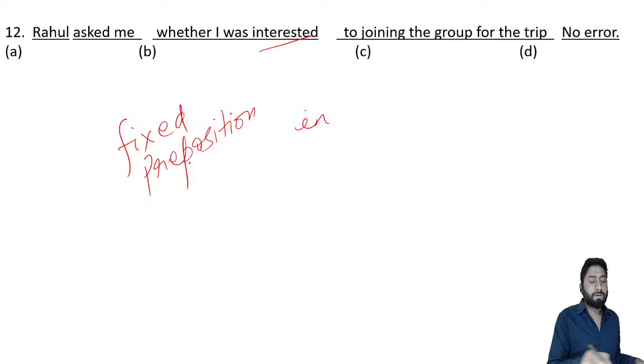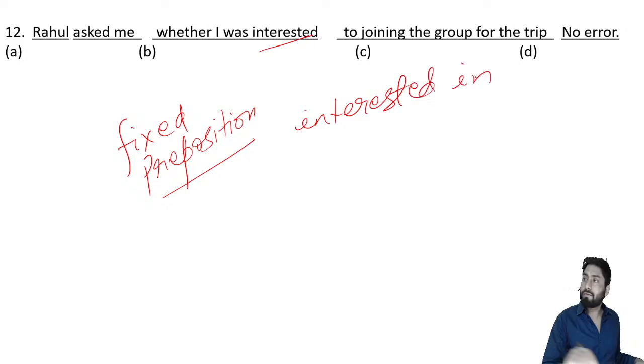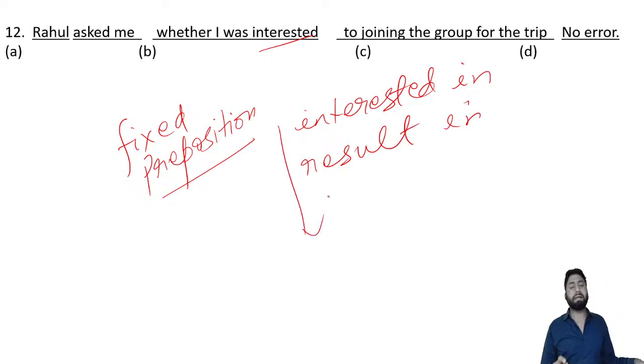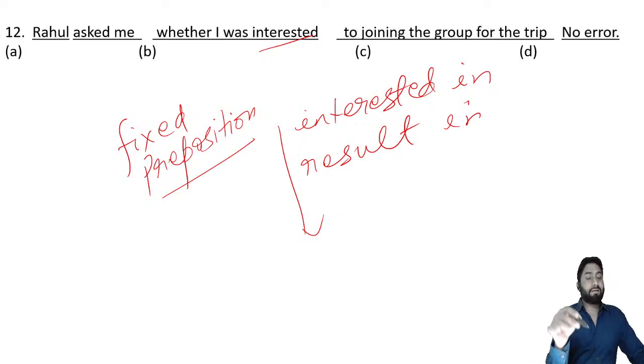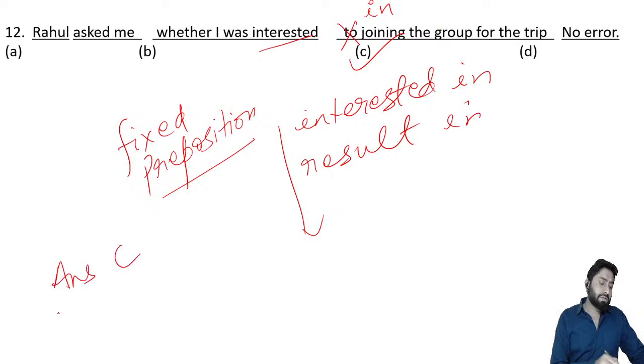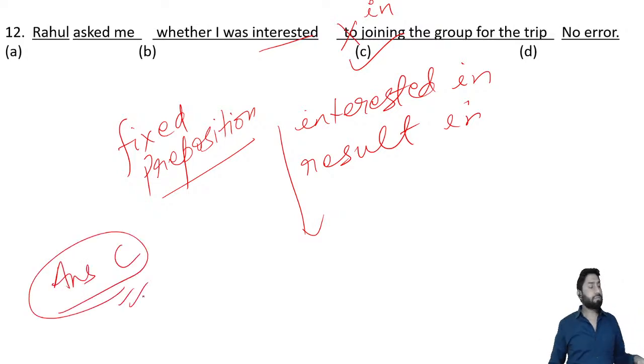You know that interested in, result in. There are many verbs and adjectives with which you use "in". So "I was interested to" is not correct. It should be "in". So the answer is C. Spotting the error questions were easy, right?